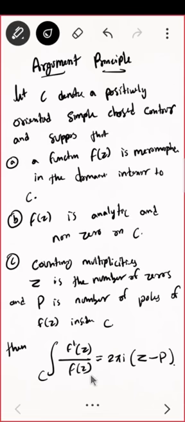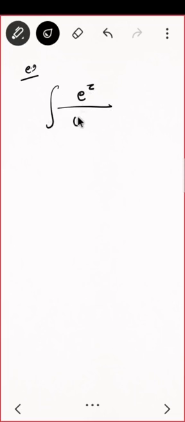There was a question. Let me just give you quickly an example. In the latest exam, I think 2021, this question came. The question was e raised to z upon e raised to z plus 1, something like that, or minus 1. And you can give any domain, say mod z less than 4. Suppose you are telling this as a domain, correct?